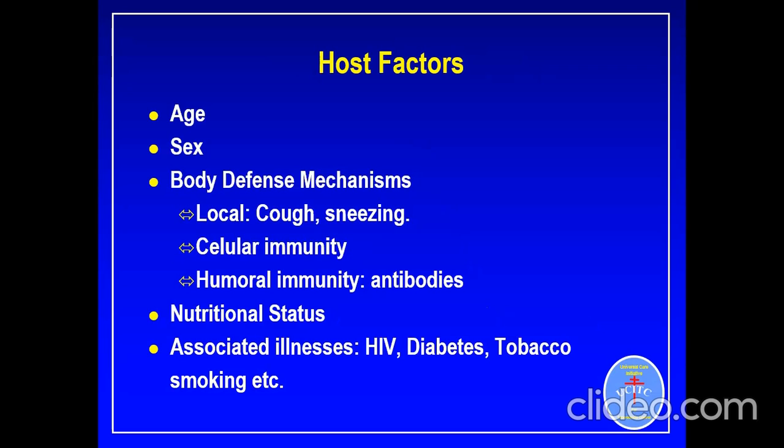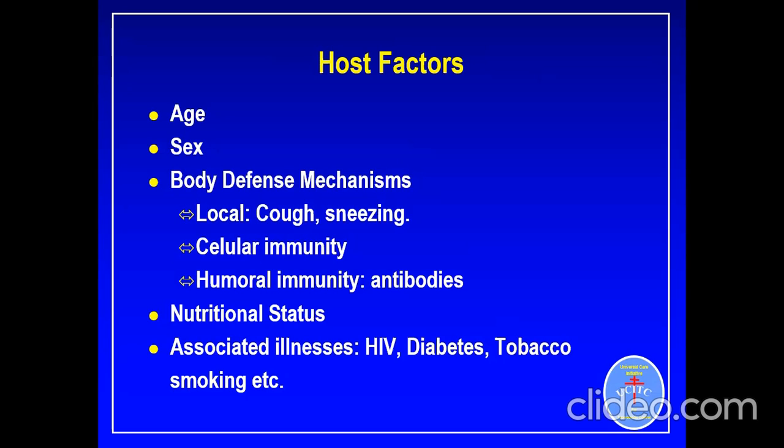Again, gender also is of importance. Although the male-female ratio in tuberculosis now is around 50-50, this may change according to the cultural and socio-economic condition of the population. The other host factors are the body defense mechanisms. Cough and sneezing are the local mechanisms.